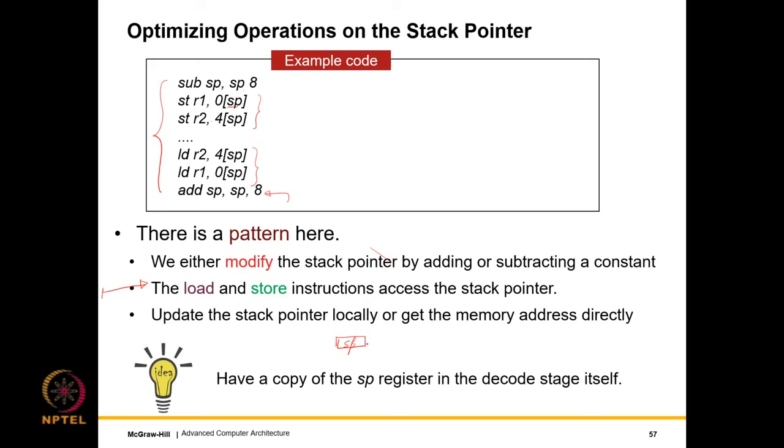So instead of treating the stack pointer as a regular register, we keep a small copy of it in the decoder, and most of the instructions on the stack pointer, as you can see, there are many of them, can quickly be done at the decode stage. And since we are only talking of one register, not a register file, these accesses will be fast. So how will the scheme look like? Here it is.